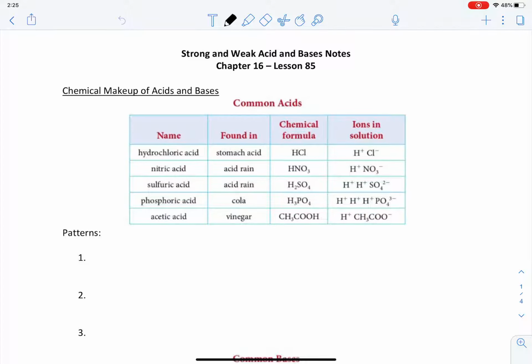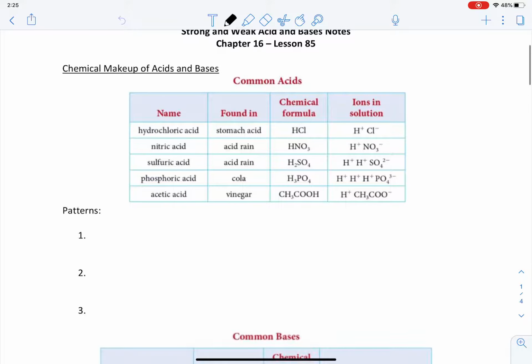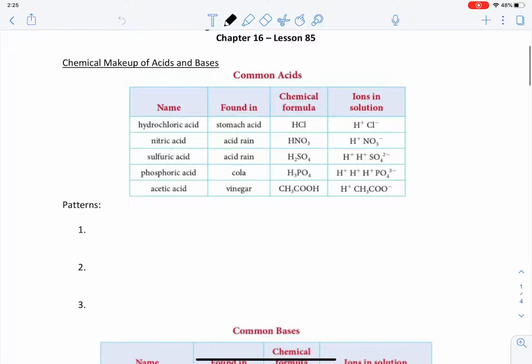Okay. So we're going to start off where we left off in the last video, where we looked at a group of acids and a group of bases and looked for trends. Here we have a table of some common acids, and you might have some of these, like cola and vinegar, at your home. If we look at all 5 of these, we want to look for any patterns that we see.